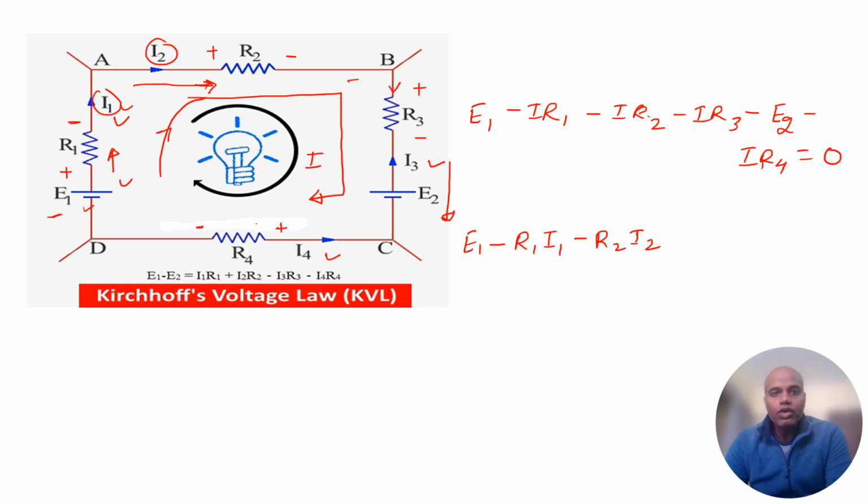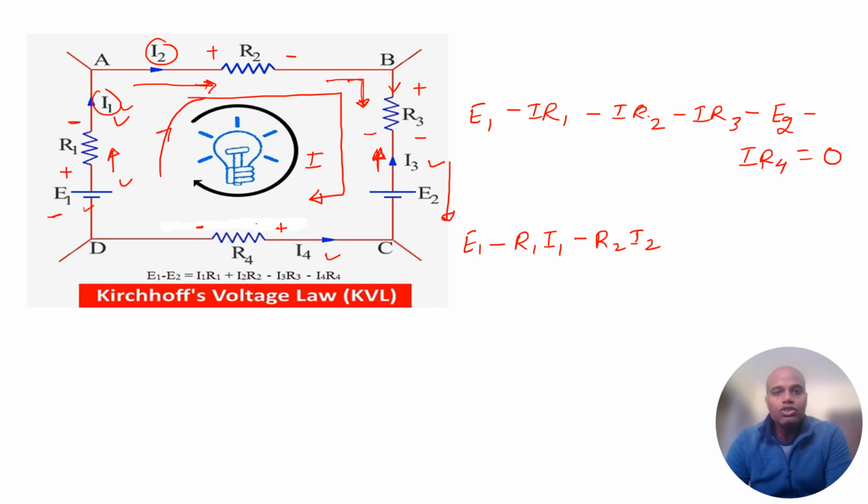Now going clockwise, I see that I3 is opposite to the direction of my KVL loop. I'm going clockwise whereas the current I3 is coming in the reverse direction, from downward to upward.